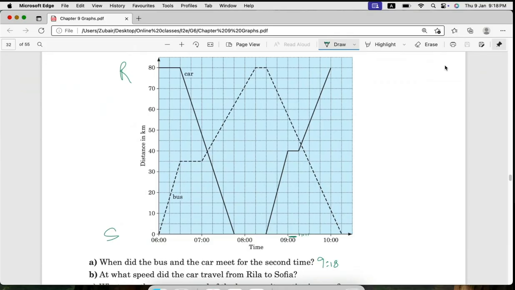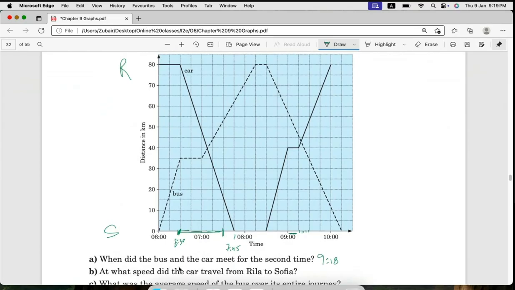We will take from 80 to 0, and the time is 7:45. The start time is 6:30. So one, two, three, four boxes is 1 hour, and there's one more box. May I say this is 1.25 hours?